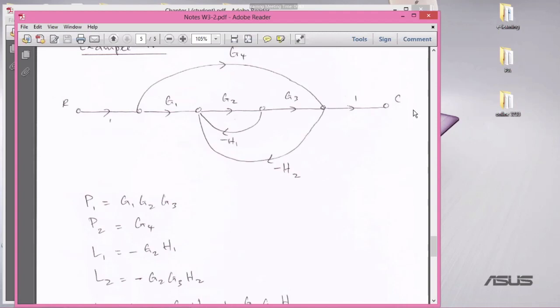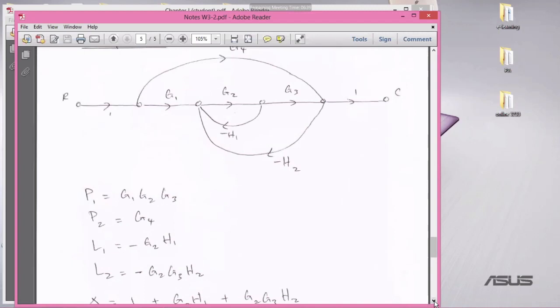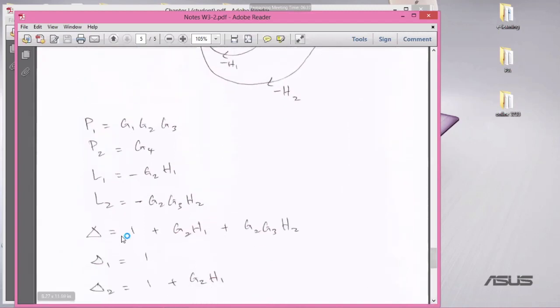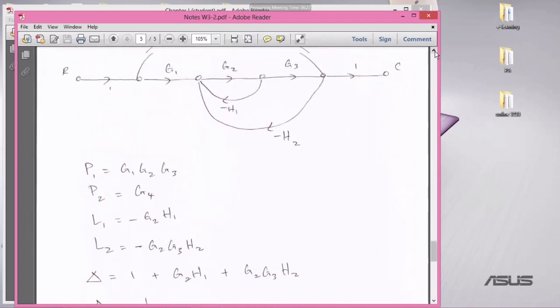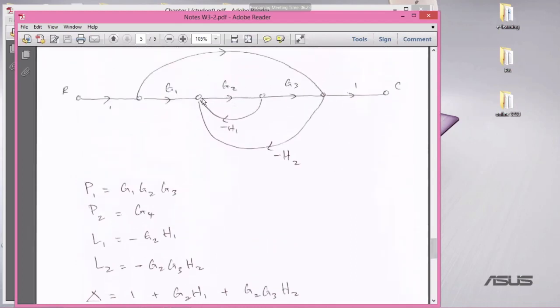forward path number 2. Okay, so what is delta? Delta is 1 minus the summation of all loop gains plus the product of two non-touching loops. L1 and L2 touch each other here. Loop 1 and loop 2 share a common node here, so there's no product of two non-touching loops.